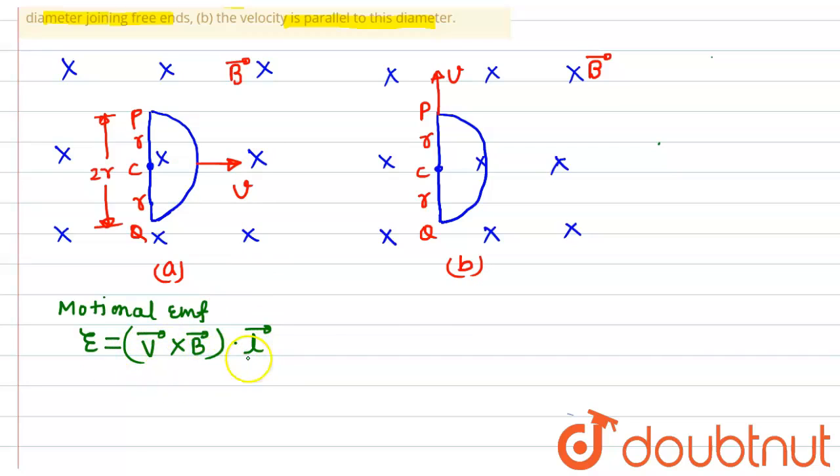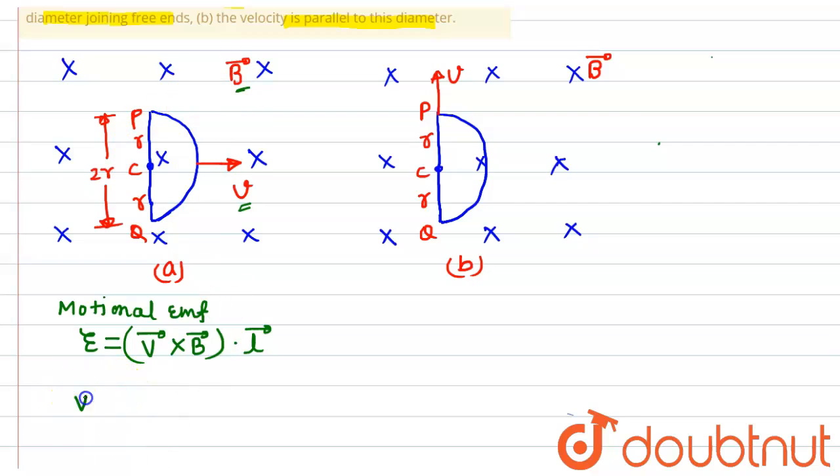If any two of the physical quantities are parallel to each other, then the EMF will be 0. Now let's look at case A. Here V is in the x direction, B is in the negative z direction, and L is basically the length PQ, so L is in the y direction.